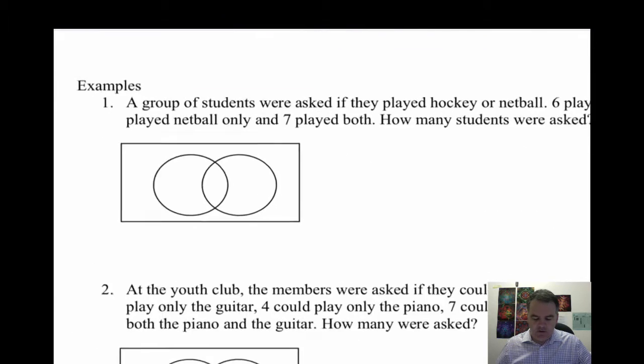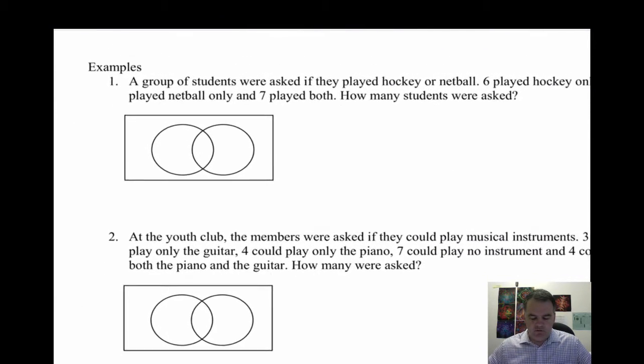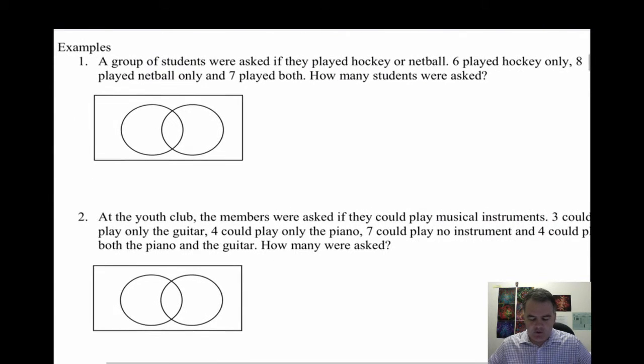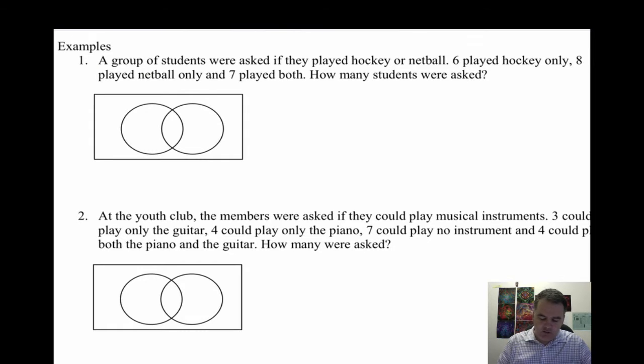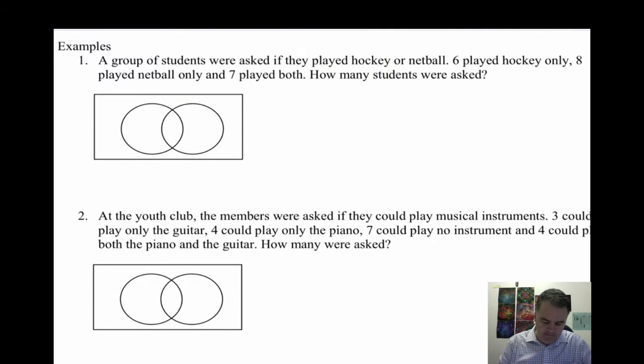Now, you can apply these sets to different problems. So, in this one here, a group of students are asked if they played hockey or netball. 6 played hockey only, 8 played netball only, and 7 played both. How many students were asked? Okay, so this is hockey, this is netball. 7 played both, so I know that you're going to have a 7 in there because that's the intersection. 6 played hockey only, so that's that bit there.